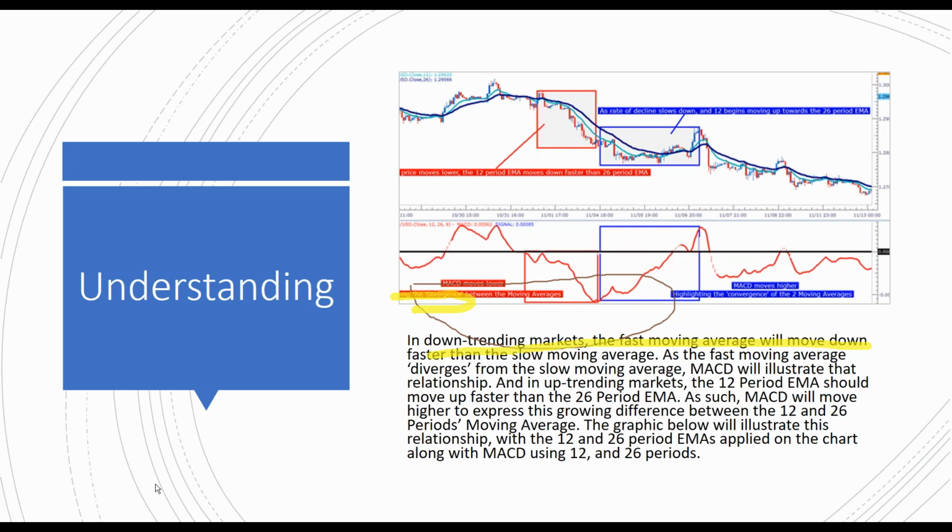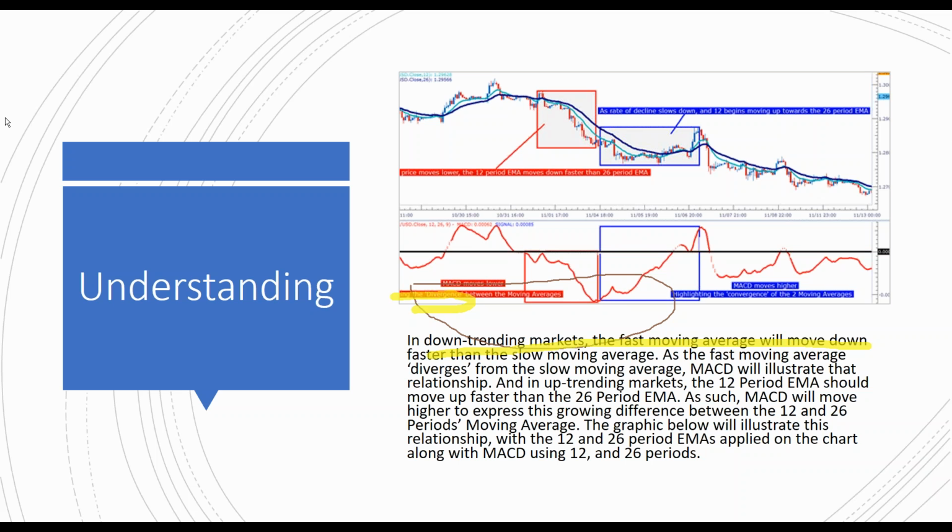It's just the opposite in a downtrending market. So what it does, it makes these lines work in opposite directions. As the fast-moving average diverges from the slow-moving average, MACD will illustrate the relationship. In uptrending markets, the 12-period EMA should move faster than the 26-period EMA.